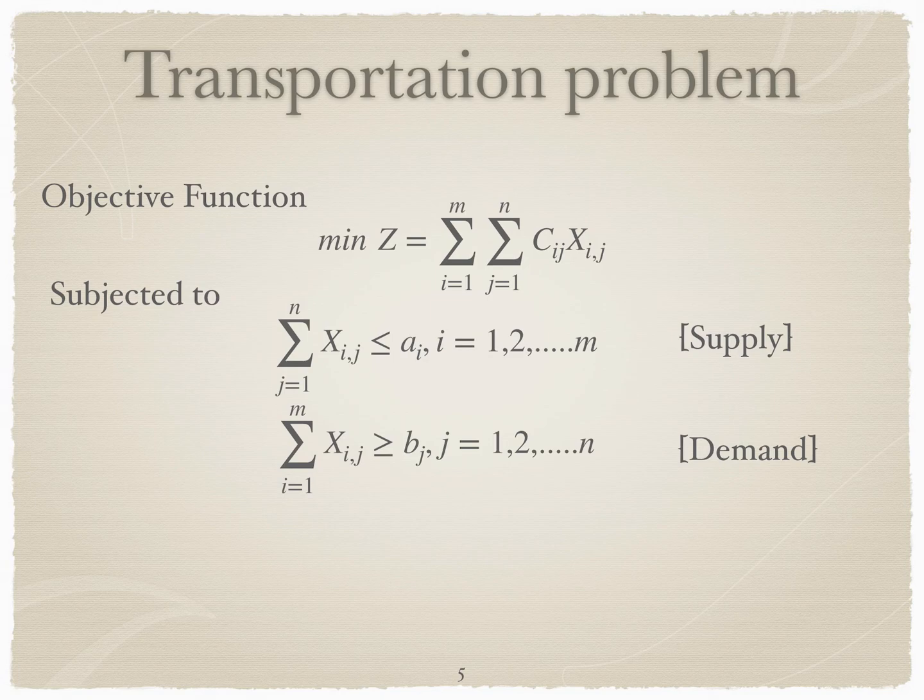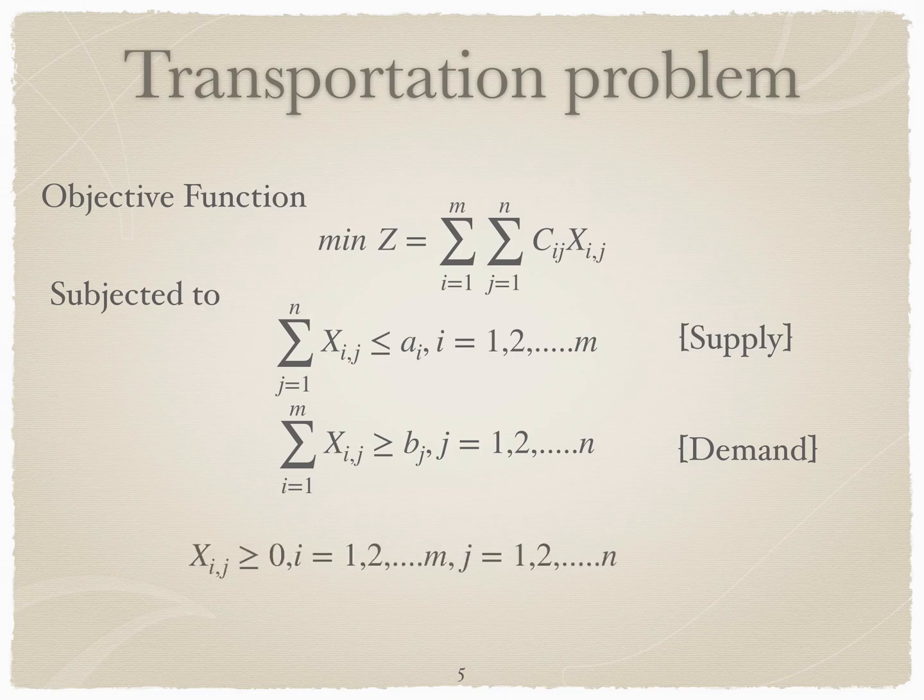Similarly, another constraint is of satisfying the demands of the warehouses. Xij is the quantity which we are taking from source i and delivering at the destination j. So sum of Xij for i is equal to 1 to m is the quantity which we are distributing to destination j.